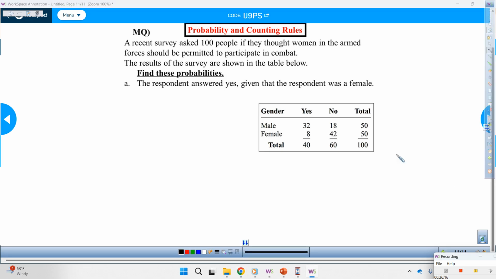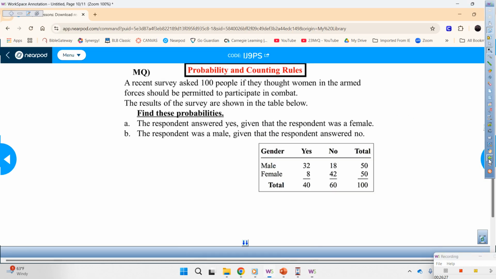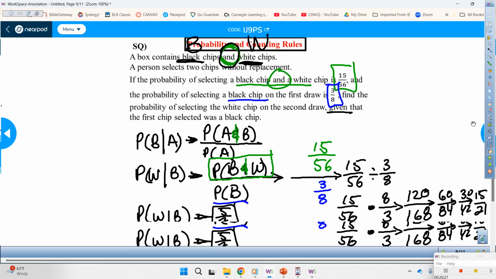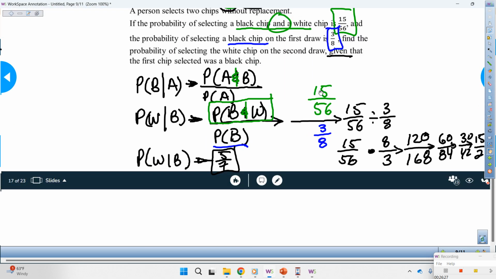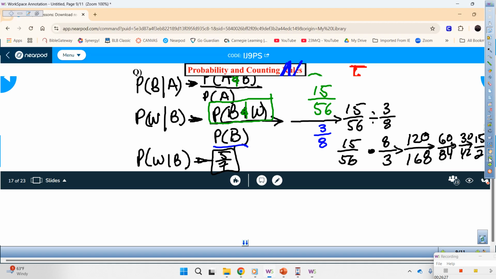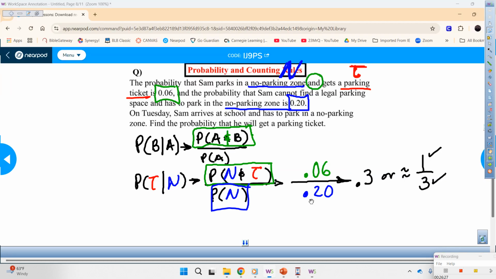All right, here we go. So we're going to use this table to answer part A. However, before we do that, look up to the screen. Look at the previous ones that we've done. On the previous ones in our formula, we ended up with fractions over fractions, or decimals over decimals, which we can change into fractions over fractions.